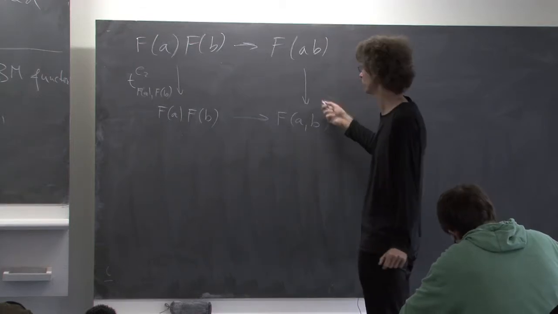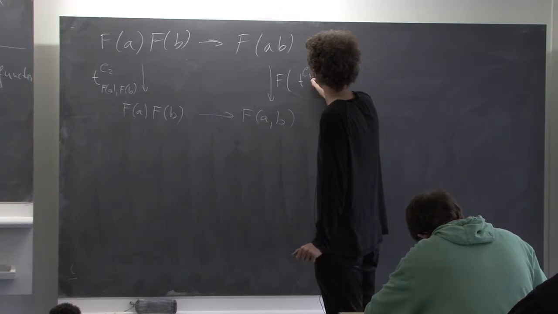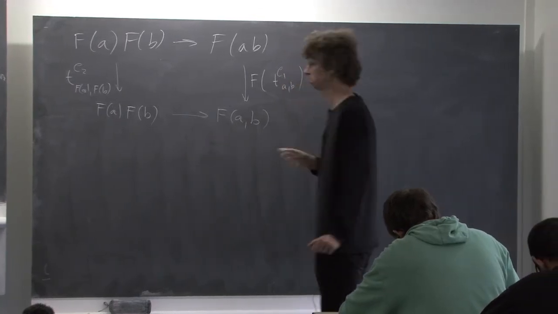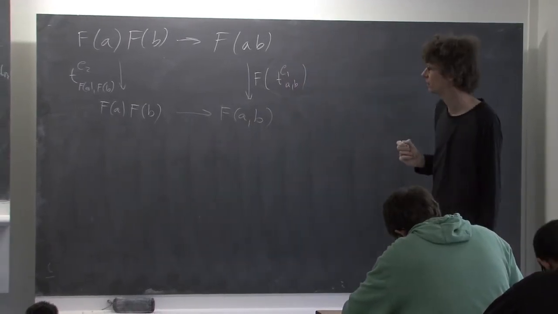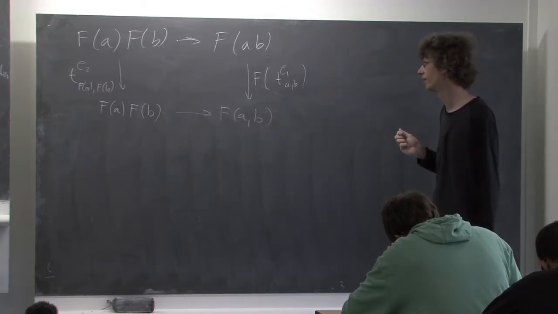And the thing that we have here would be like F of T C1 AB. That's, I guess, the full diagram for saying what it means that it commutes with those T's.